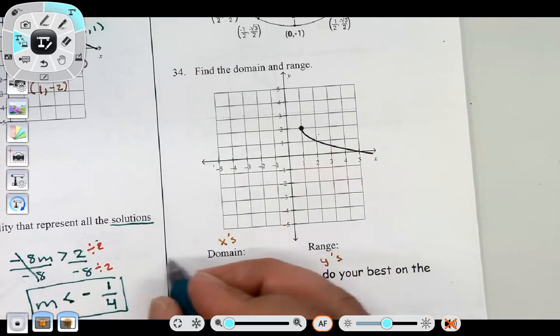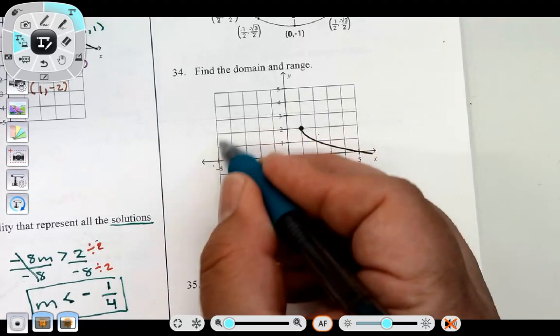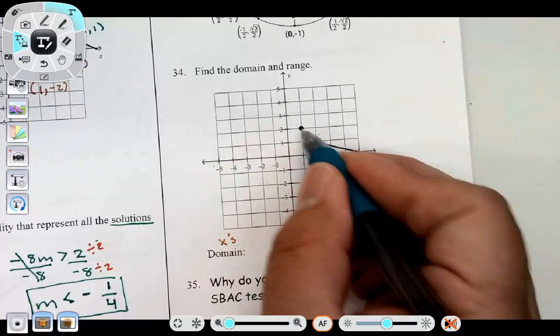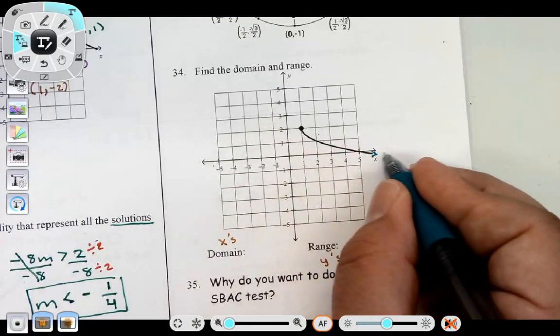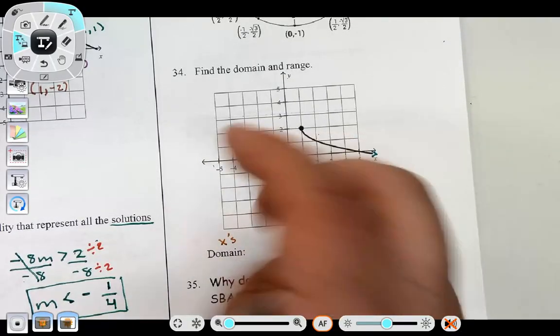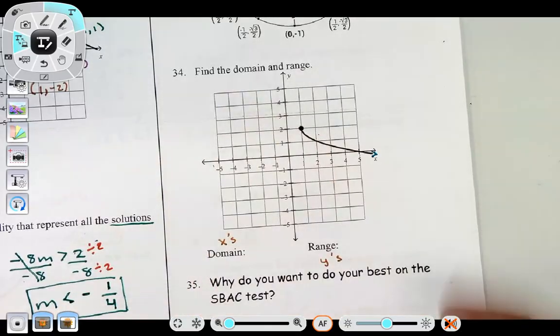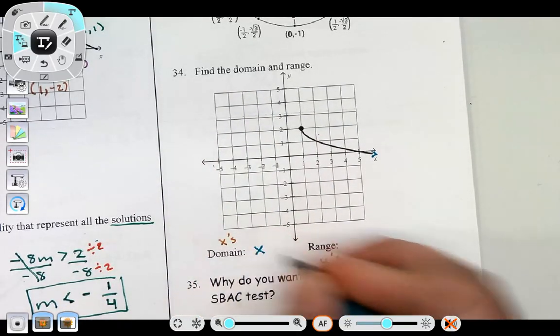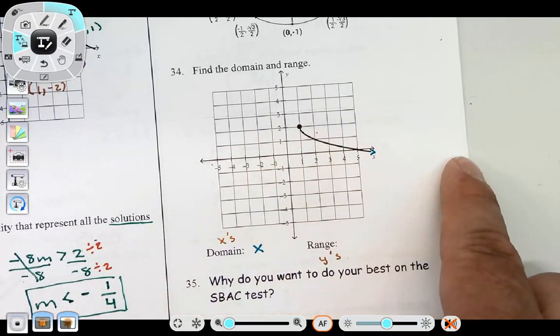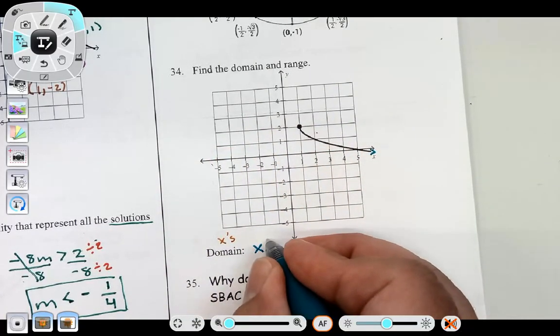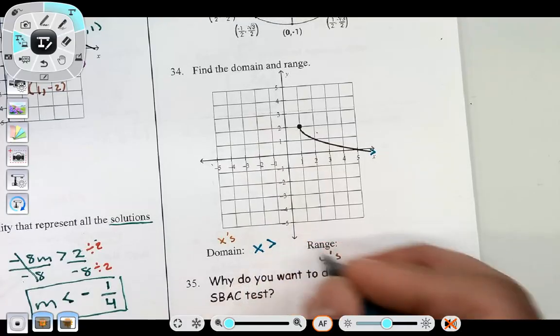Domain, left to right. Does this graph go to the left forever? No, there's a dot. Does it go to the right forever? Yeah, it goes to the right side forever and ever. But because we said no to the left, this is not going to be all real numbers. So I'm going to say x, because we said no to the left. If it goes to the right forever, then that means it's getting bigger or greater.